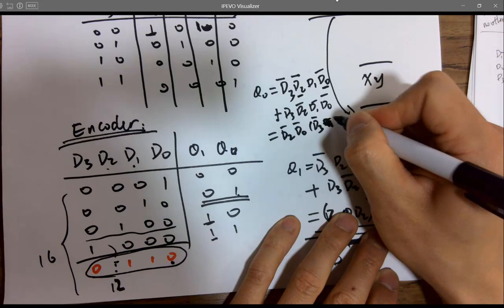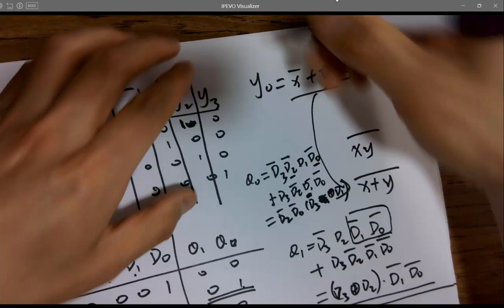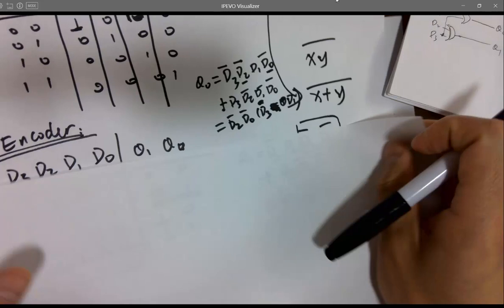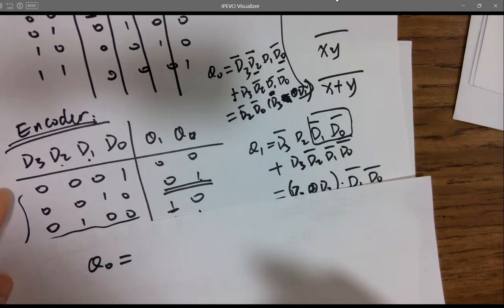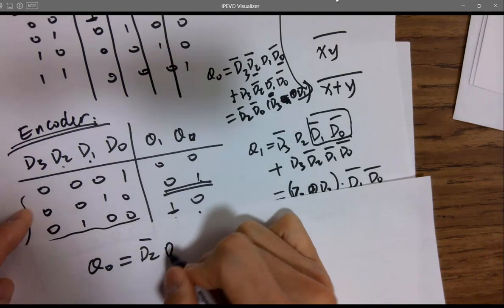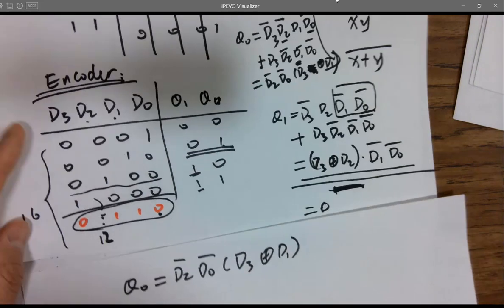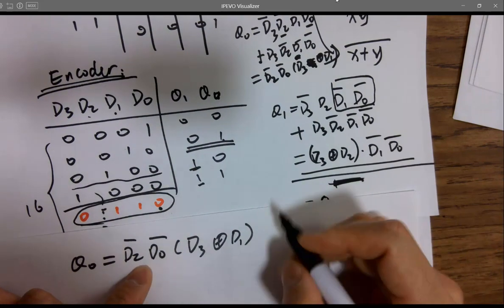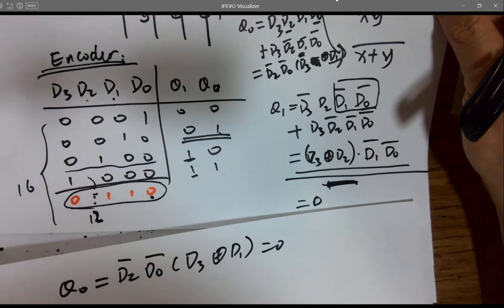So it'll be definitely D3 XOR D1, right? Let's make it cleaner here on the next page. So D2 and D0, this becomes 0 as well. I don't know what is wrong over here with the logic. Let's skip this for now. It's just taking more time than I expected.